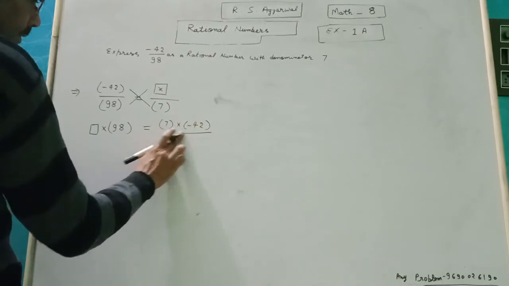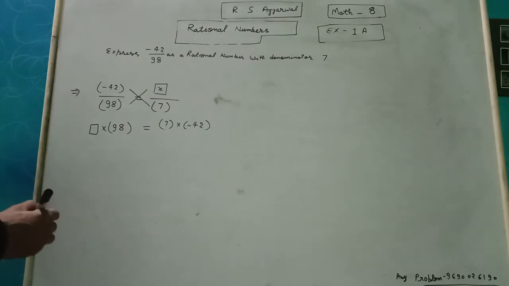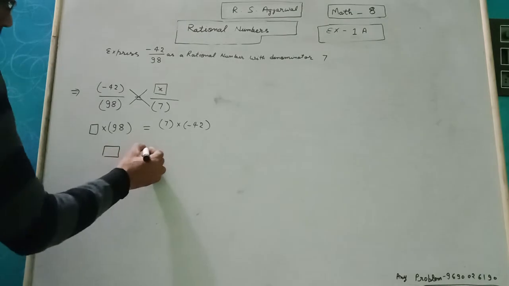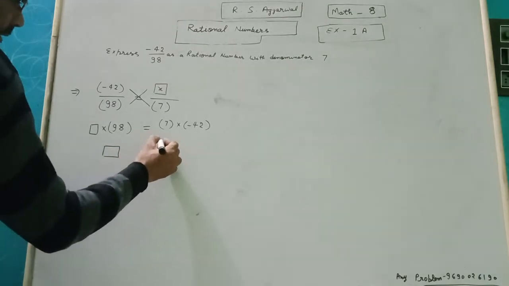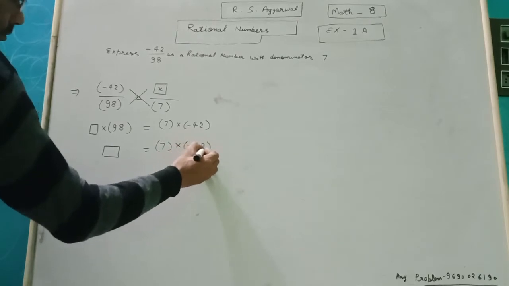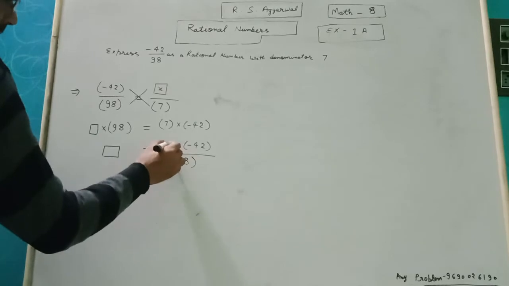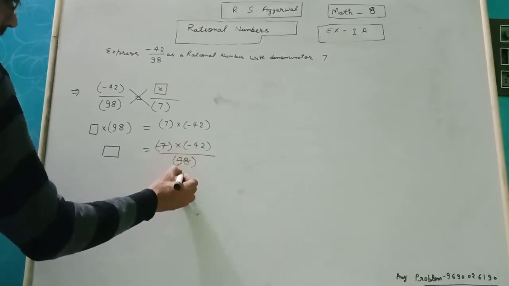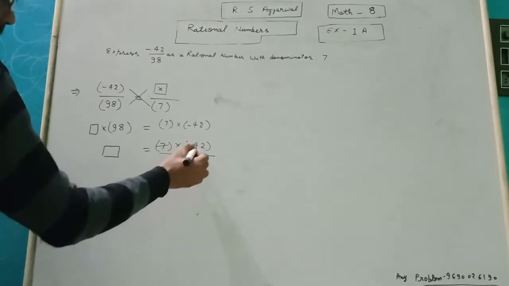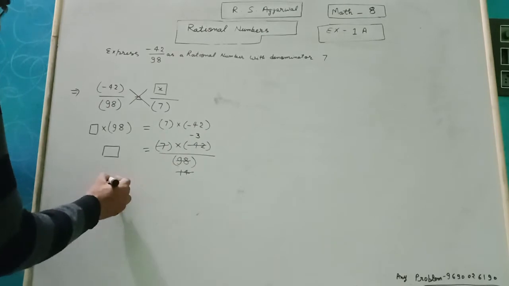After multiplying, we want the value of box: 7 into minus 42 upon 98. 7 ones are 7, 7 fours are 28, 14 threes are 42.